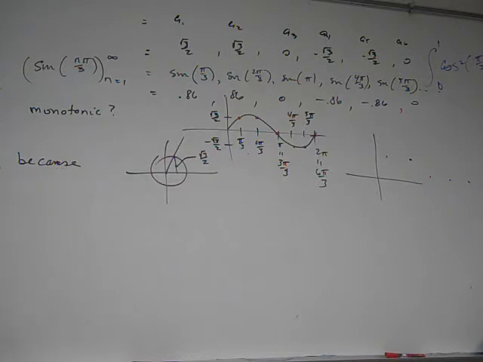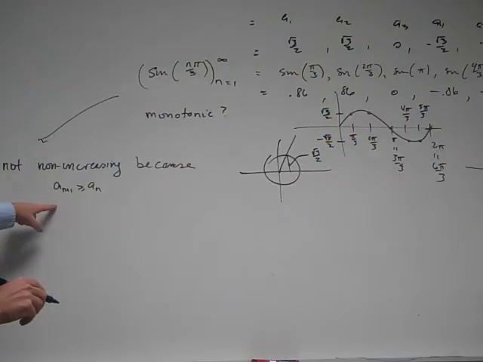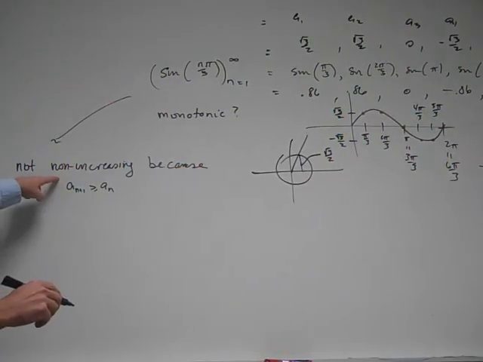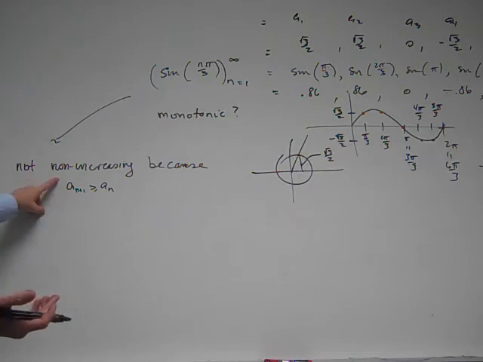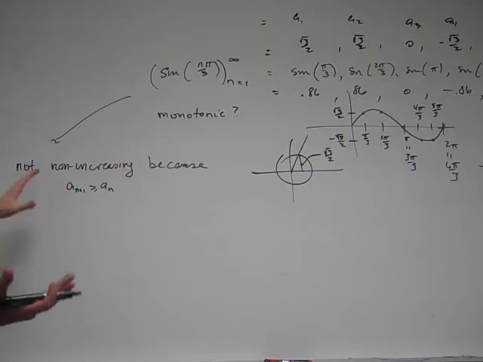Non-increasing means the n plus 1 is less than or equal to the nth, right? It's going down. So what makes it not non-increasing? So we have to use the definition to explain why. You got to know the definition, because otherwise you won't know what to write down. I was going to put it's non-increasing because it never... Because what? Going down. It never went up.